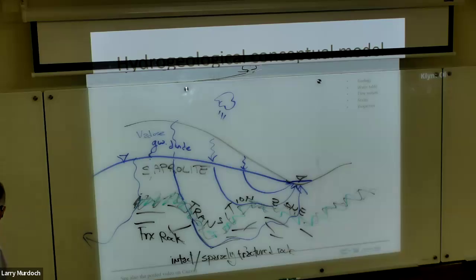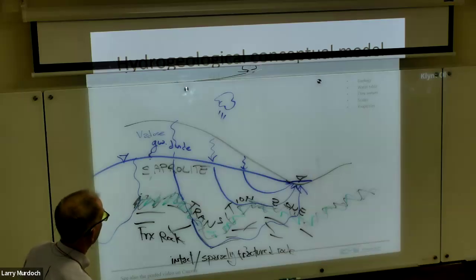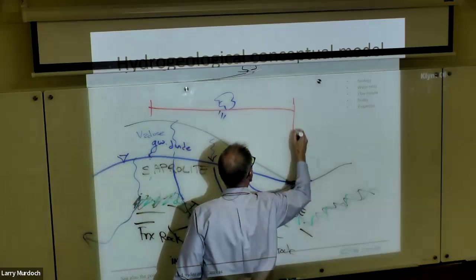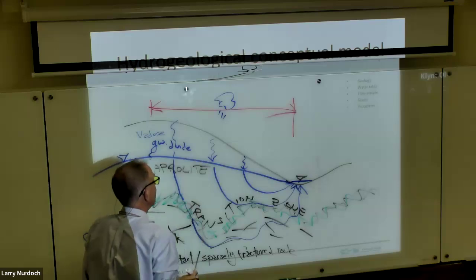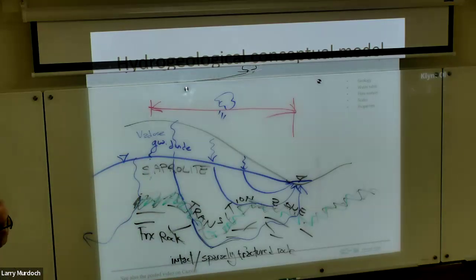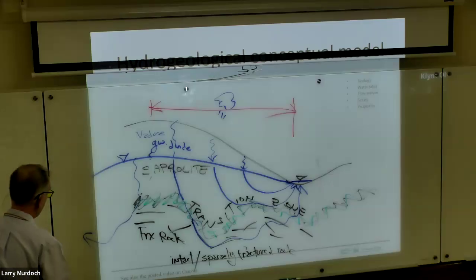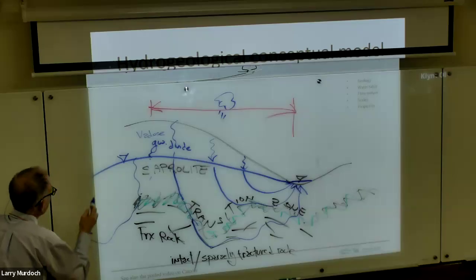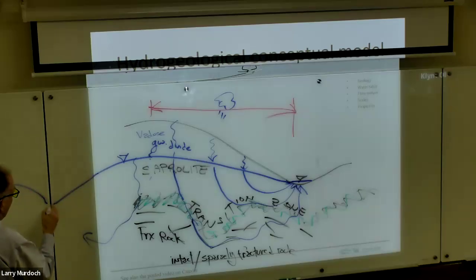So we need to have some dimension here. Some scales. So one important scale will be that. One way to think about it is that there's a flow system that comes like that.